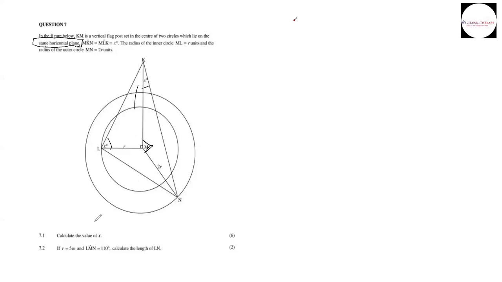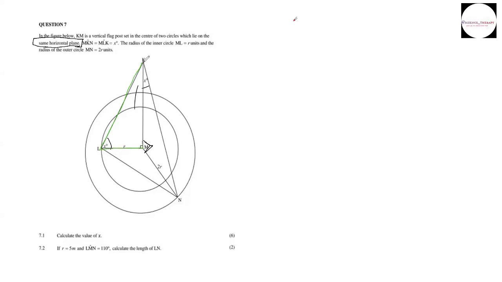Now calculate the value of X. Again, let's continue with the strategy that we discovered. We said every time we are facing these questions, we just have to identify the common side between the two triangles that we are given there. So the triangles of interest here are KLM. So let's highlight them.